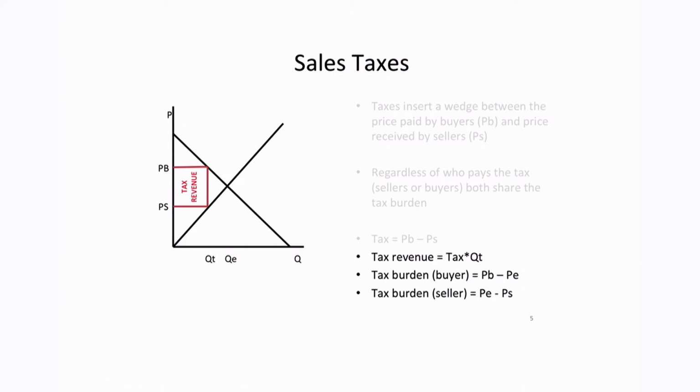This area between the tax and the quantity sold is what we call the tax revenue. To calculate how much revenue the government generates from issuing a tax, we take the size of the tax and multiply it by the quantity of goods and services sold once we have the tax.